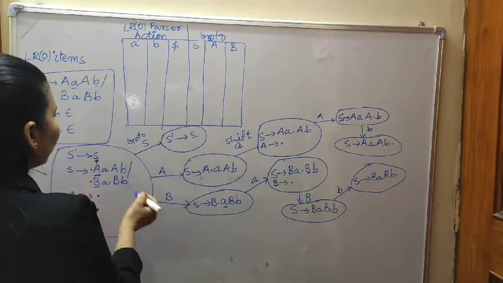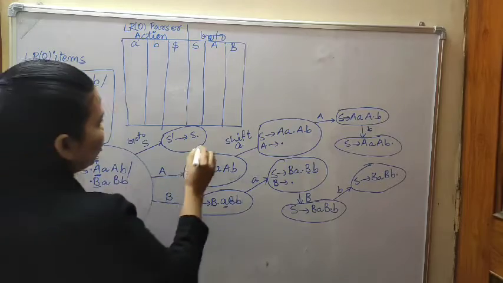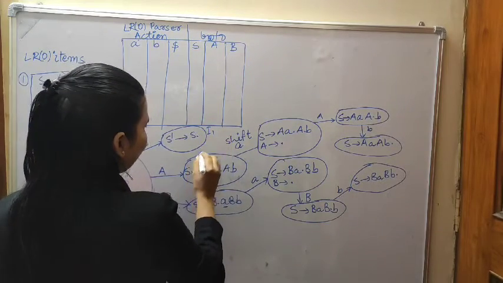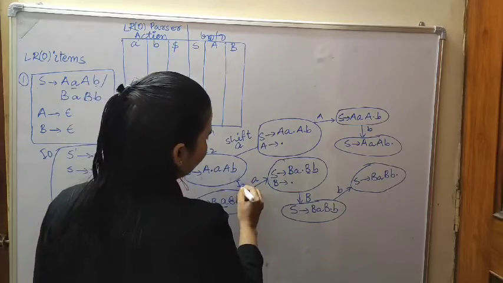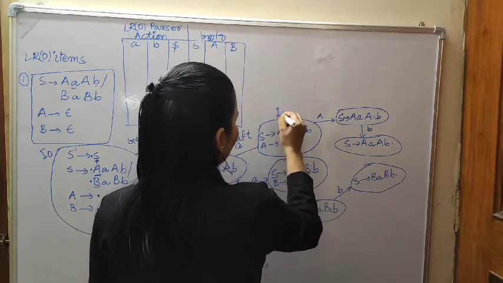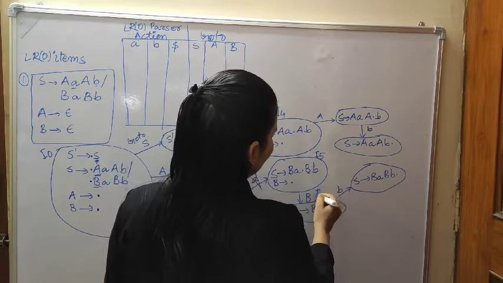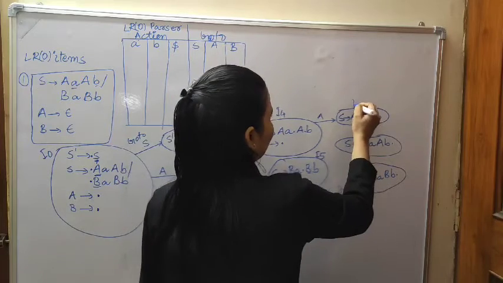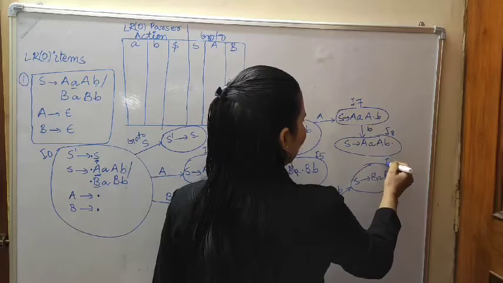Now we will give the state names. Suppose this is I0, I1, I2, I3, I4, I5, I6, I7, I8, I9.